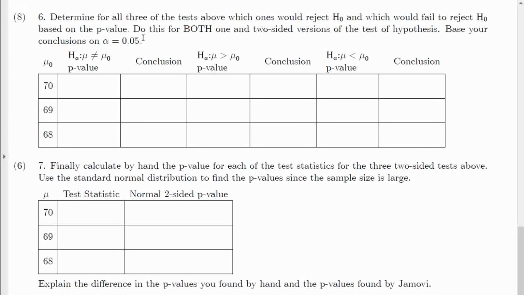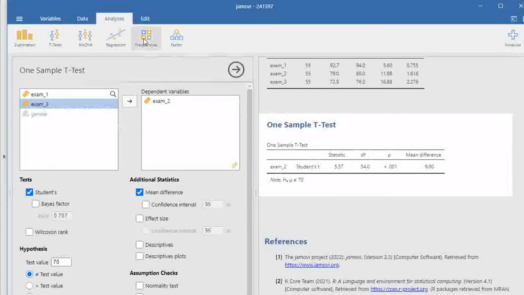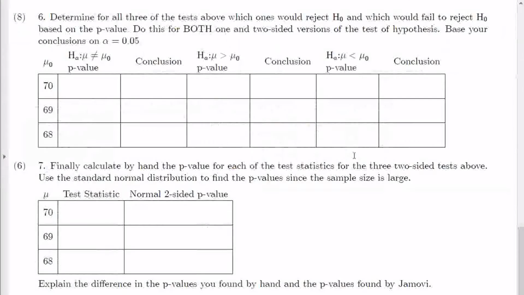So if we go back to our data here, again, you're doing exam 3, I'm looking at exam 2. So for exam 2, and we're testing against 70 here, our p-value is less than 0.001, we would reject the null. So in here, I would put my less than 0.001 and conclusion reject H0.